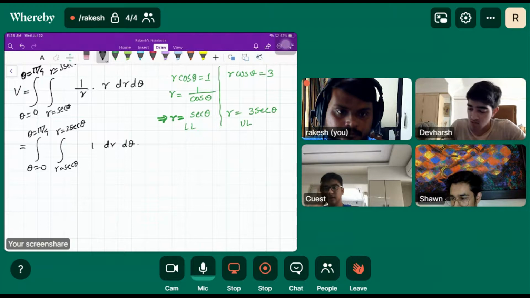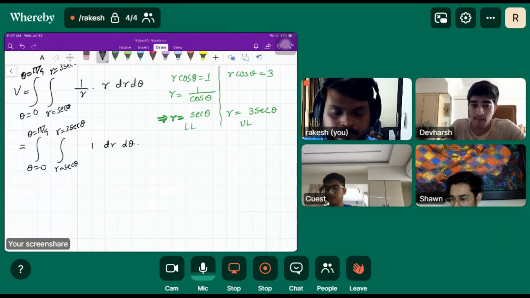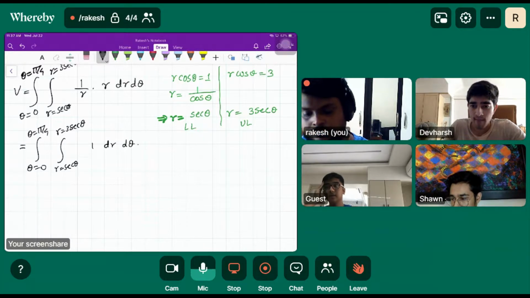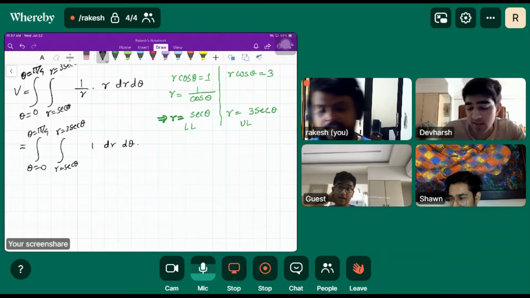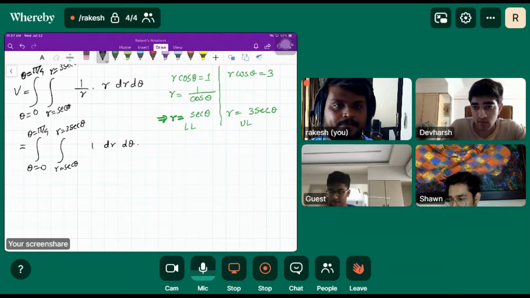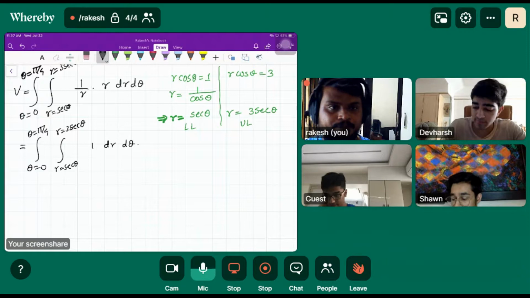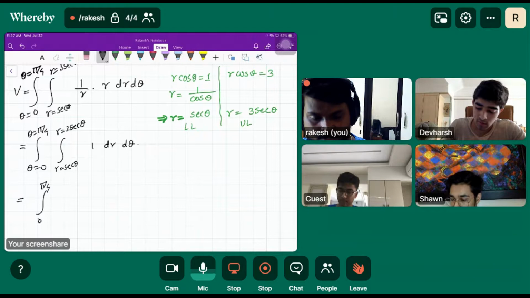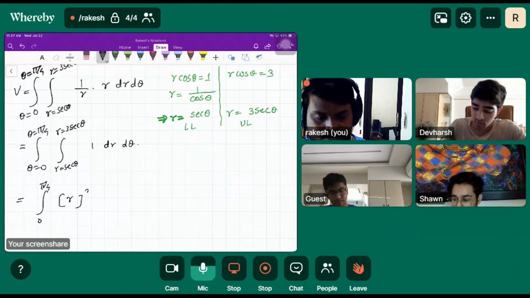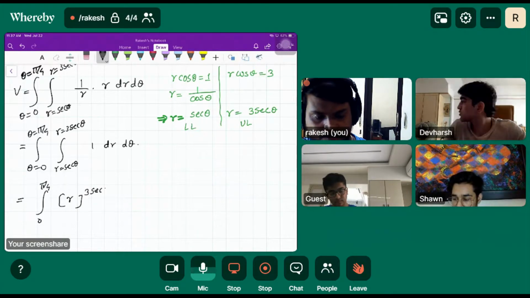The integral of secant theta is ln of sec theta plus tan theta. Perfect. So let me wind this up: 0 to pi by 4, r from 1 to 3 sec theta d theta.